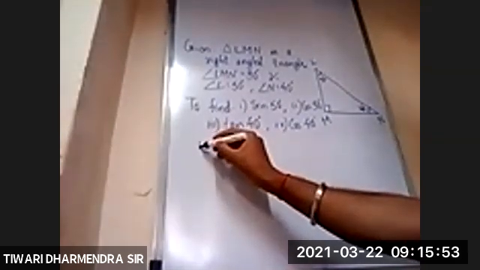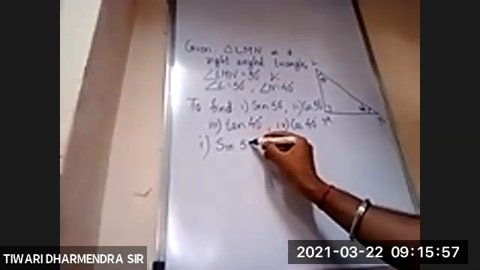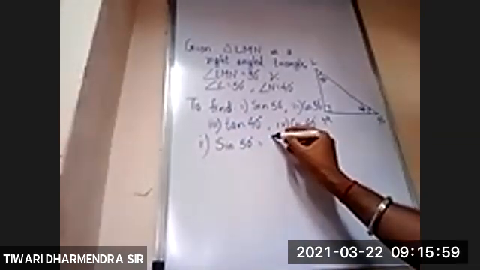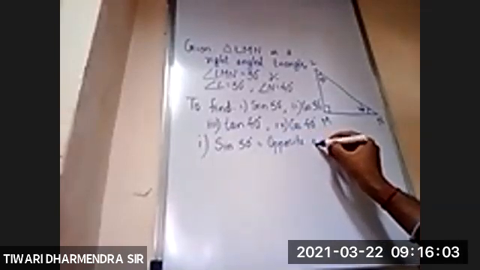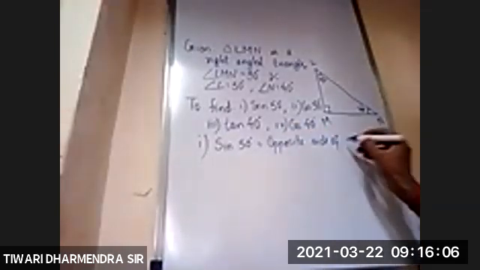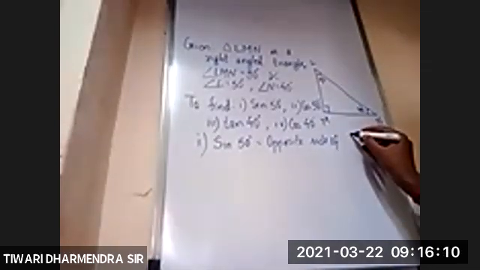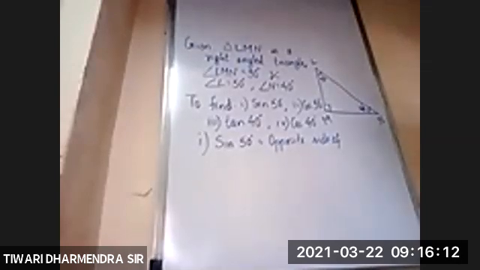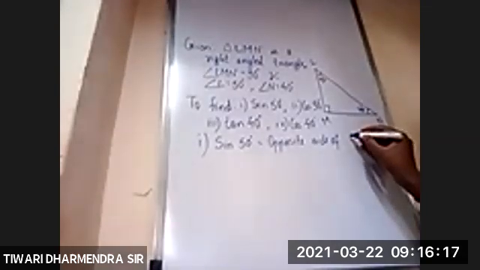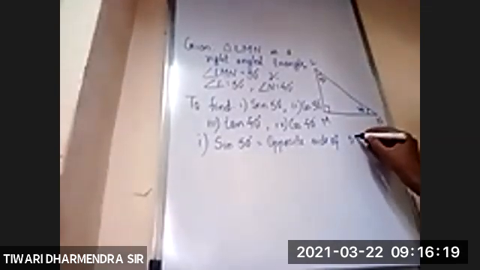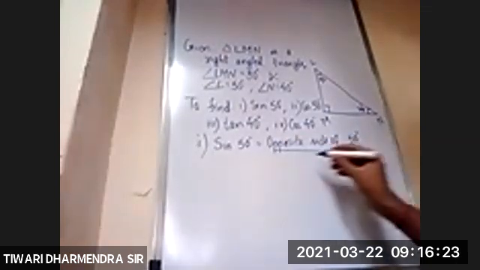First one, sine of 50 degree is equal to the opposite side of angle L, the angle is 50 degree, opposite side of 50 degree divided by hypotenuse.